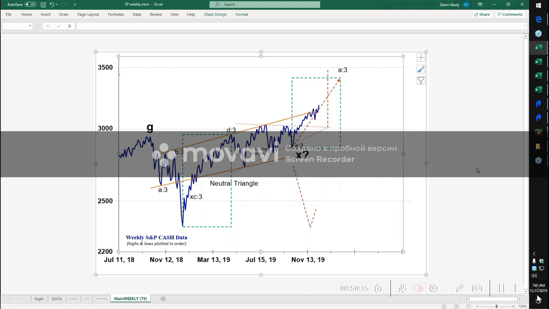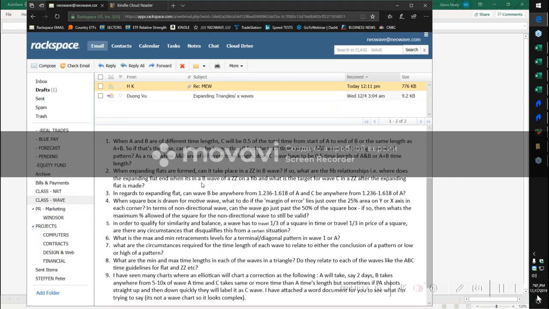Thank you. Okay, so we're moving on to number 3 now. In regards to explaining flat, can wave B be anywhere from... This would be almost impossible to be this large and still get the C wave to be larger than the B wave.